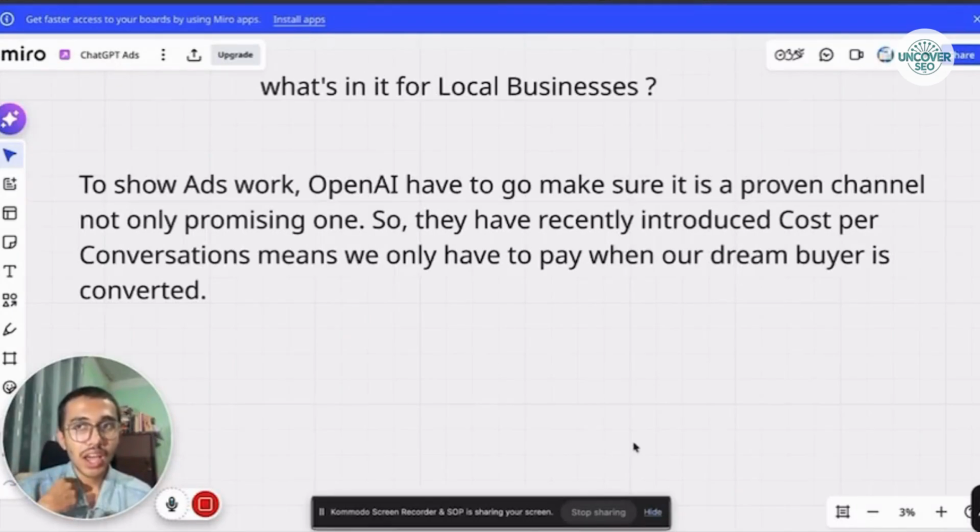Let's say I run ads inside ChatGPT and I'm a local business. It's likely that I have a tight budget, not a huge budget like the big giants. So I can run cost per conversion ads, meaning I only pay when my service is booked or my product has been sold. This is the major step they have introduced for local businesses.